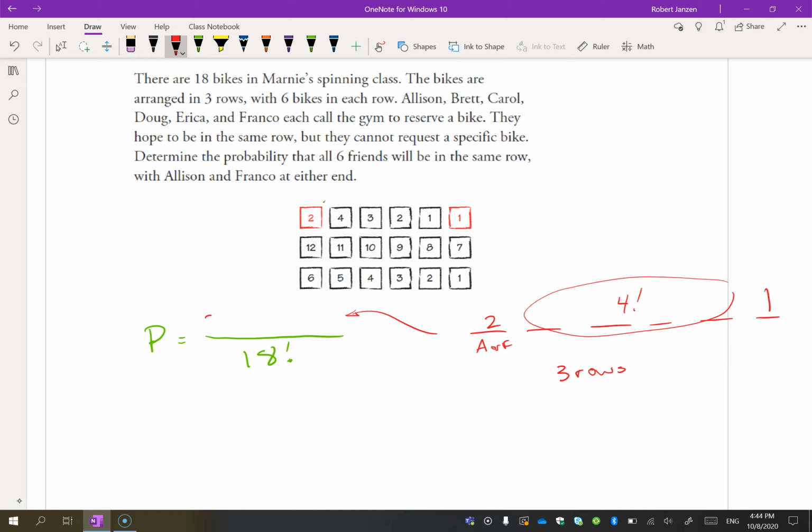So far we've got 2 factorial, that's 2 times 1. We've got 4 factorial. And what about the other people riding? There are 12 other riders, and they could be randomly put anywhere in the other empty spots, so we'll go 12 factorial. And then we're going to multiply that by 3 because this could happen in any of the 3 rows.